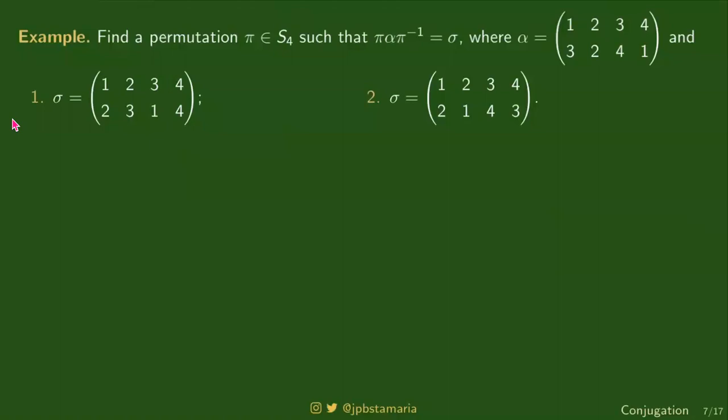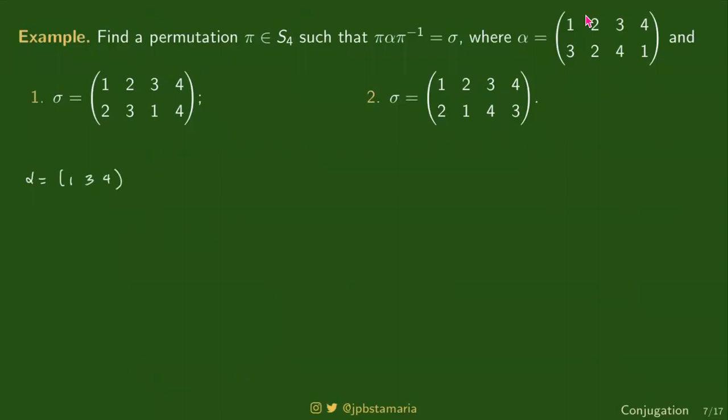So first of all, tignan muna natin kung conjugate nga ba sila, or is there really such a thing as pi? Baka mamaya wala. So in order to know, you have to decompose alpha and sigma in cycle decomposition, in terms of disjoint cycles. So for alpha, in terms of products of disjoint cycles, it is (1 3 4). It's a 3-cycle. 2 is fixed, di ba?